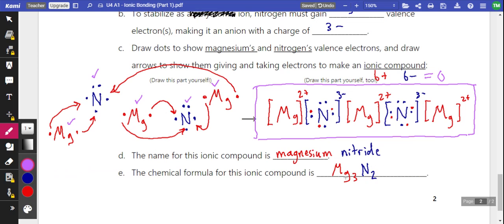Okay, and that shows my ratio of cations to anions to make this compound stable and happy. All right, so I could call this compound magnesium nitride, or I could call it Mg3N2. Either way, we're talking about this compound here held together by the ionic bonds between the magnesium cations and the nitrogen anions.